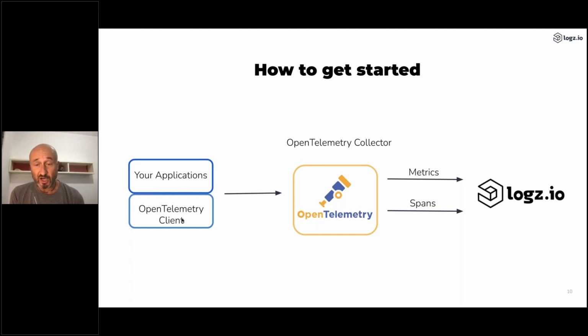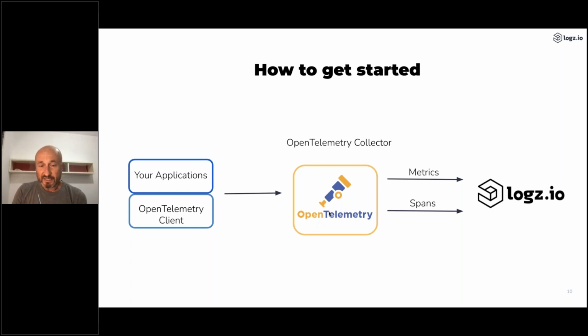It's pretty easy to start. You can start with auto instrumentation, which is supported for the major development languages. Once you attach an OpenTelemetry agent to your executable code, you will get the spans flowing out of your application, and then you'll use an OpenTelemetry collector to direct them to a backend. It can be your own backend or Logz.io in our case.